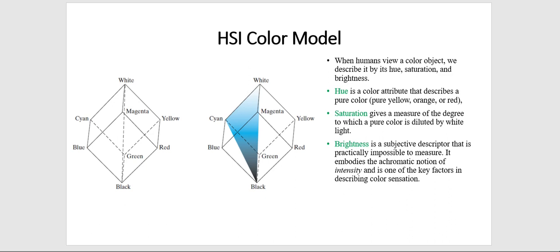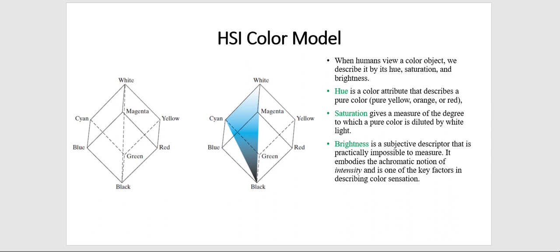Brightness is also another parameter that we mention when we talk about a particular color or a particular image, we say that it is bright. Bright is generally a very subjective parameter. The other word that we use is also intensity. So that is why we call it the hue, saturation, intensity color model, the HSI model.